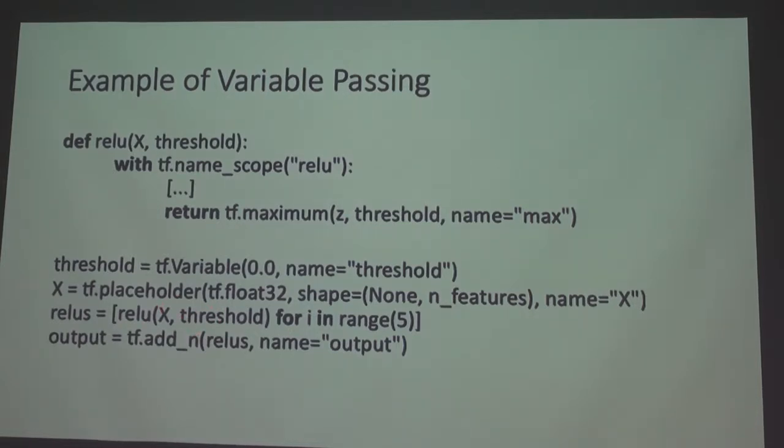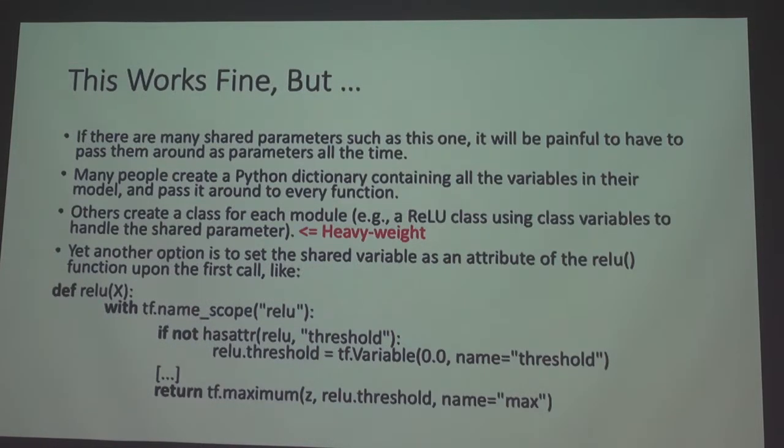Basically it's the same as the previous code, but it shows you that you could have used another value for that threshold. Of course this works, and it works without any problem. But if there are many shared parameters, in this case for relu, there's only one thing we can tweak, which is the threshold.